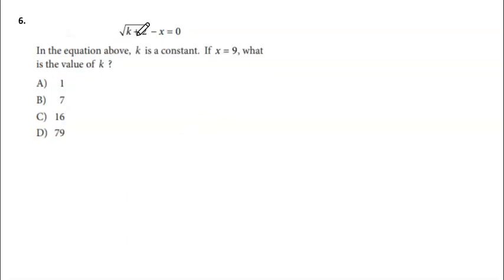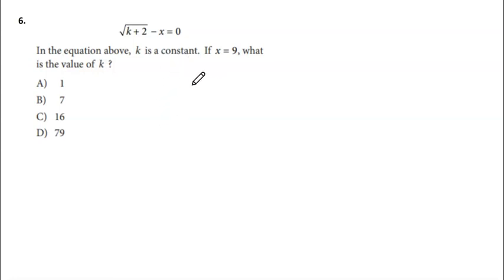All right, question number 6, we have an equation, and we've been given one of the values. We want to find k. Here you notice that k is under a square root sign. So ultimately you have to get rid of the square root sign before you can get your k value out of the equation.